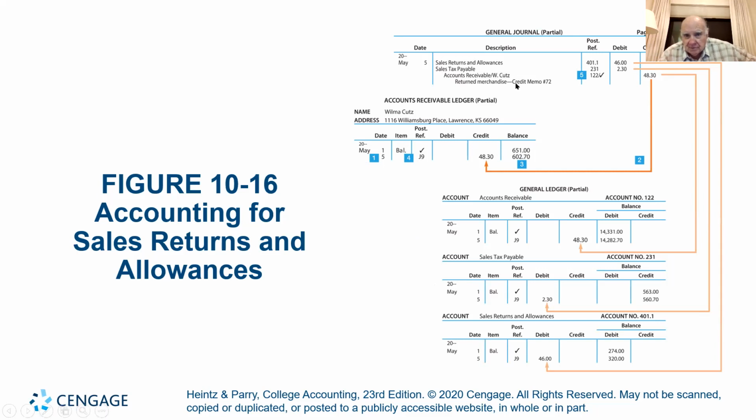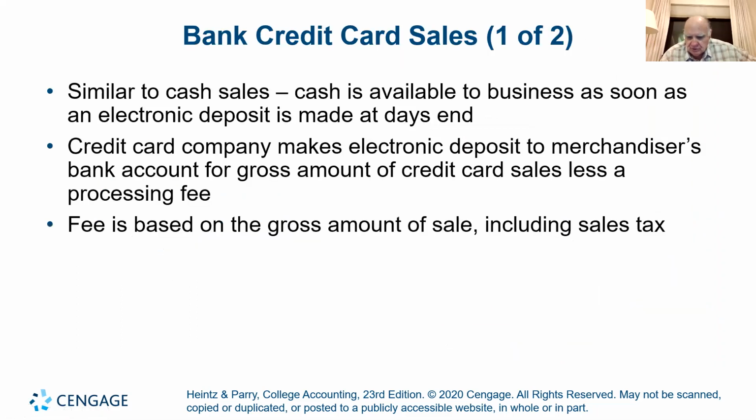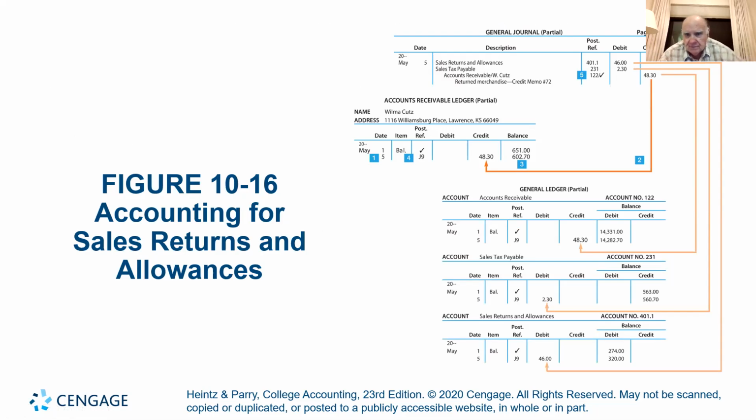So what happened here? We gave her permission to return the goods. So we had charged her a total of $651. She doesn't owe us $651 anymore. She owes us nothing. So let's see what happens here.